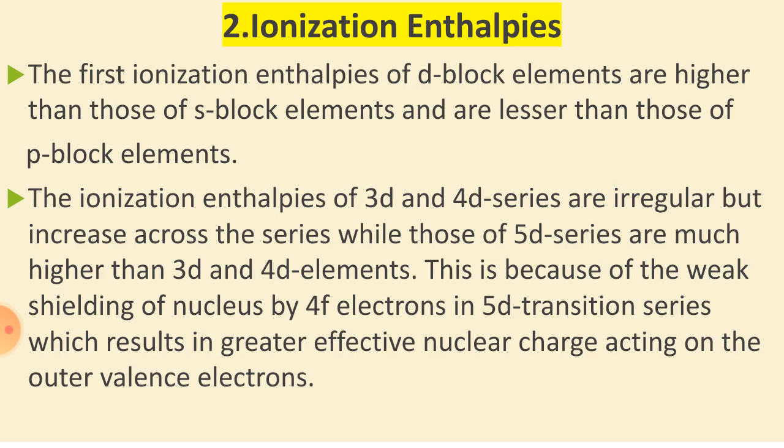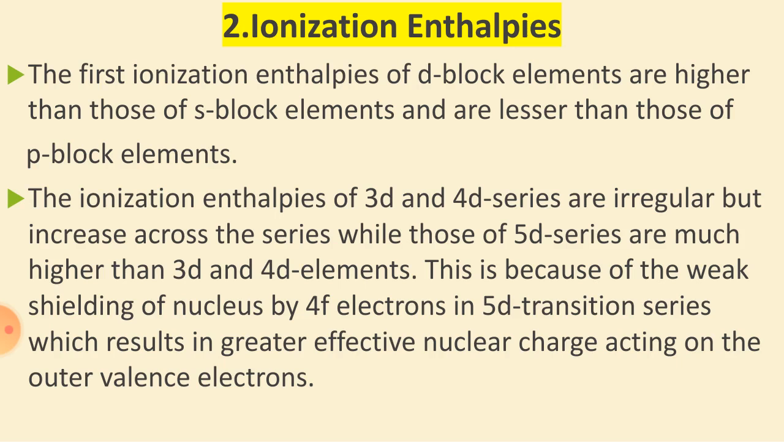Now next point, the enthalpy of ionization of 3d and 4d series, that is first and second transition series, are irregular but increase across the series, while those of 5d series are much higher than 3d and 4d elements.